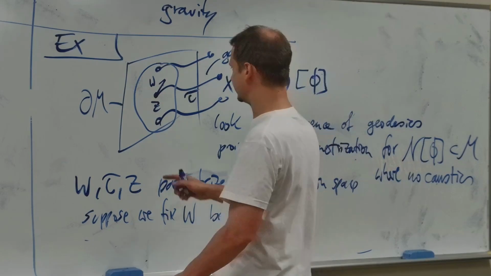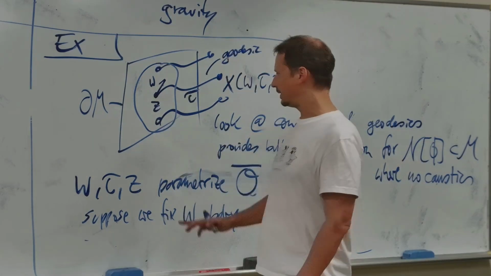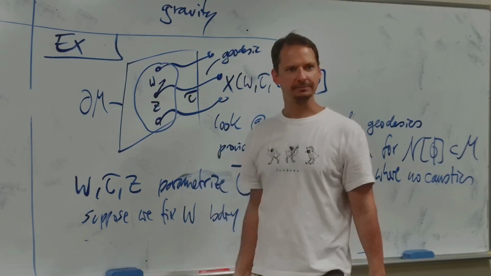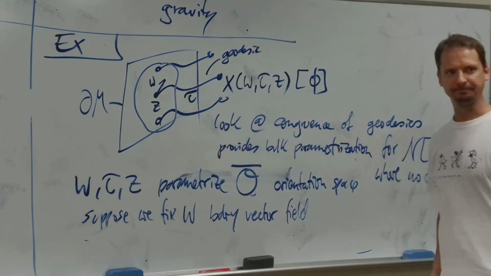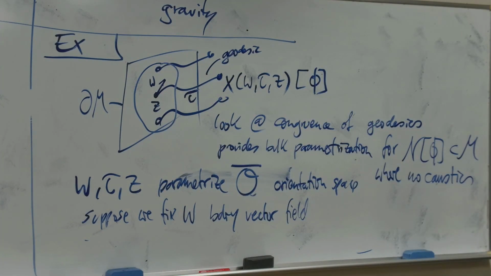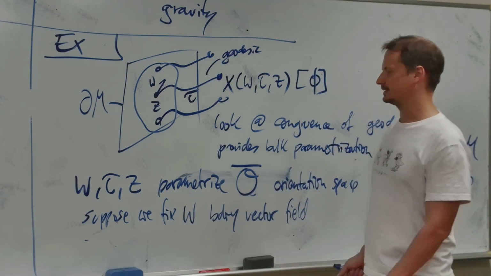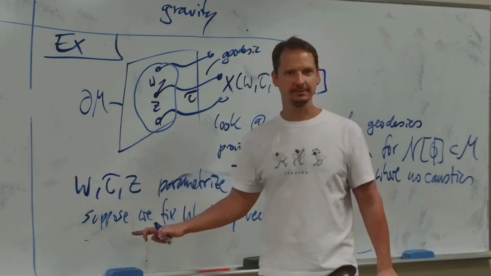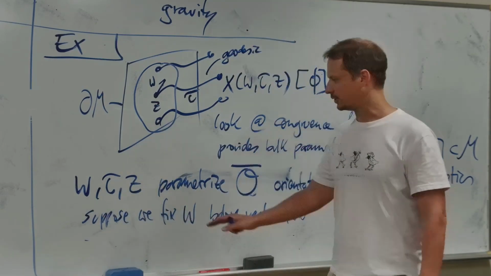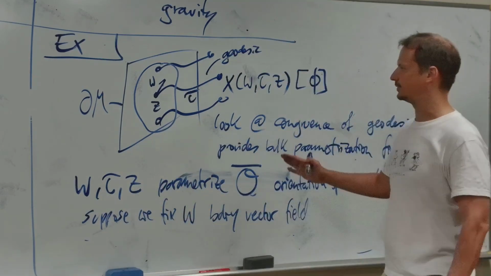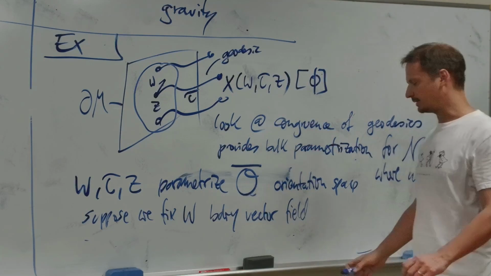So the initial direction will be given by W and the normal to the boundary, but I'm suppressing the normal. If I fix this, then I fix 3 parameters, and I'm left with 4 parameters, tau and Z. So it's 4 parameters for a 4-dimensional spacetime region.